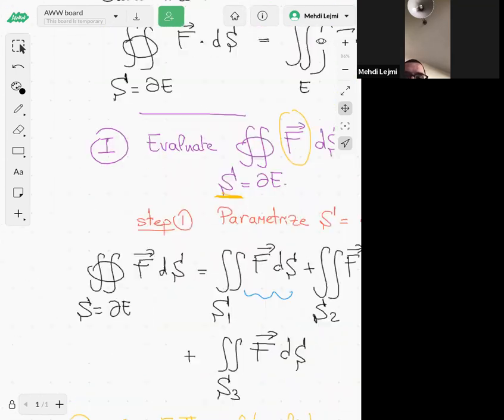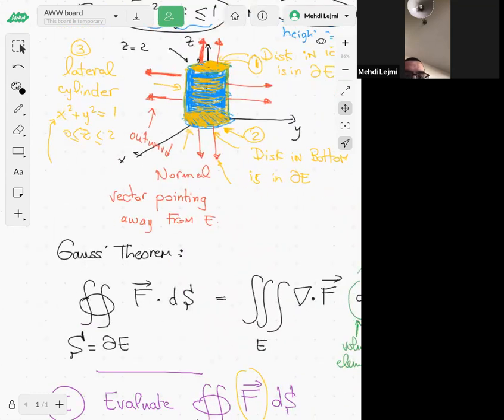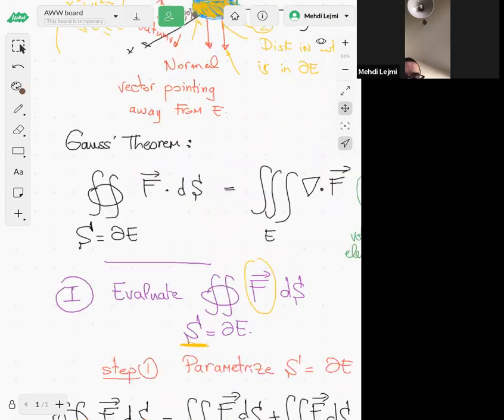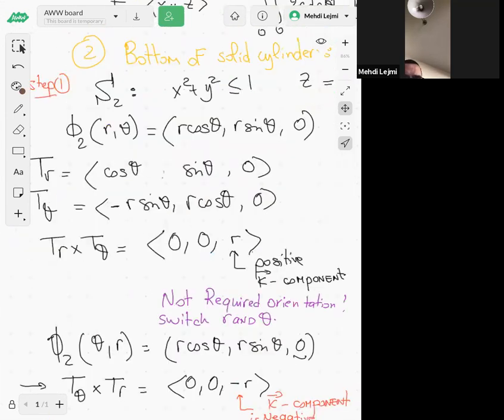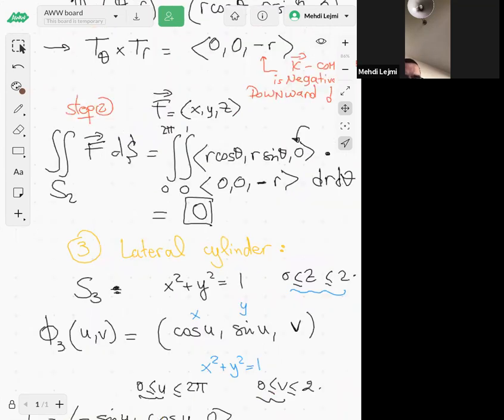I should probably graph again. So we are taking this point 1, 0, 0, which belongs to the cylinder. And the question is, what's the normal vector at the point 1, 0, 0? So what's tu cross tv at that point?